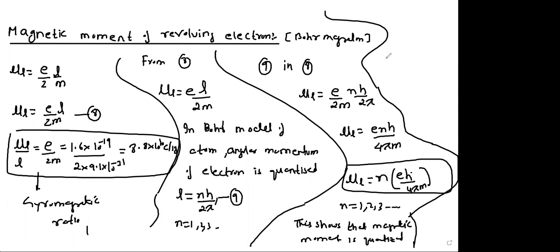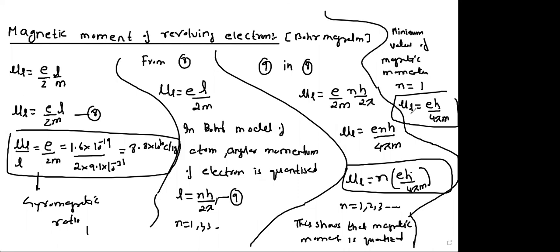So can you tell me the minimum value of this magnetic moment? Yes, n is 1 and your magnetic moment is eh by 4 pi m. And this is what we call the Bohr magneton. This minimum magnetic moment associated with a revolving electron is what we call the Bohr magneton.